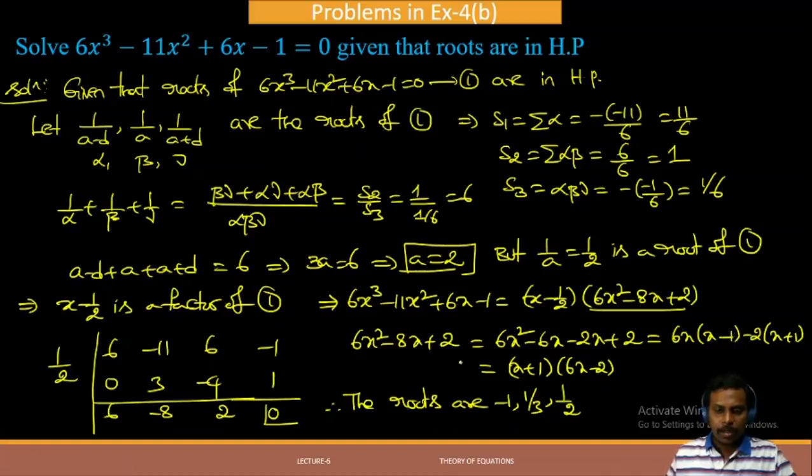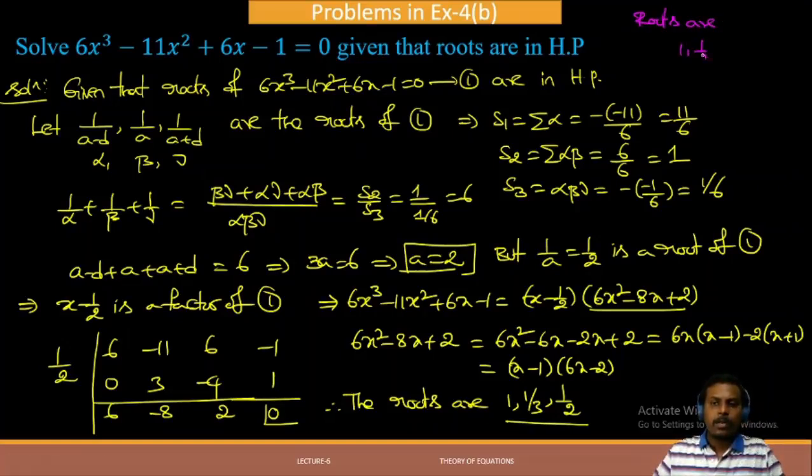So x minus 1. So this is also x minus 1. Therefore the roots will be 1 comma 1 by 3 comma 1 by 2. So the roots are 1 comma 1 by 3, 1 by 2 comma 1 by 3. Okay.